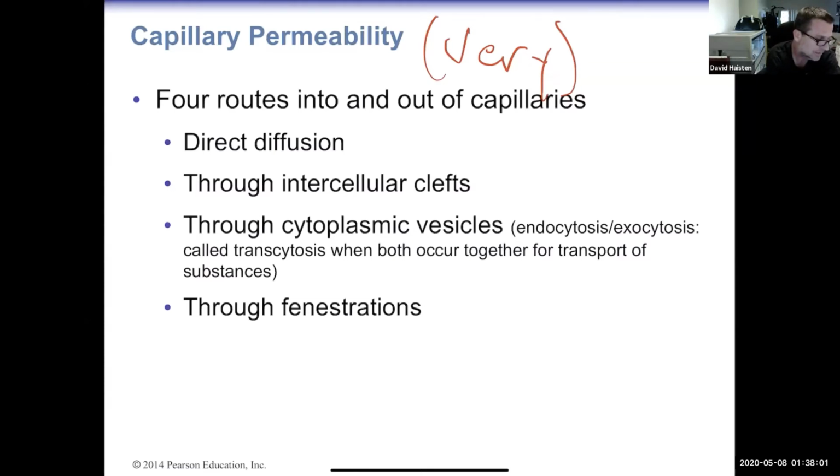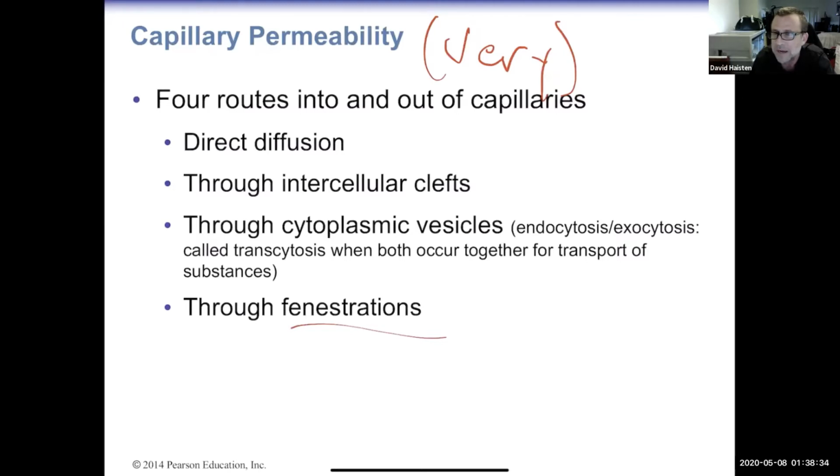Okay, four routes in and out. Direct diffusion. Through the intercellular clefts, goodies can move through. Finally, things that can't move through the clefts and can't outright diffuse, maybe they went in through a fenestration, a pore. If none of that happens, there's another way things get in and out: through cytoplasmic vesicles, so endocytosis and exocytosis together. It's also called transcytosis.